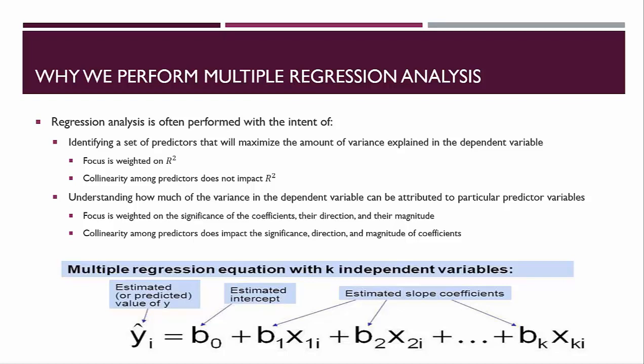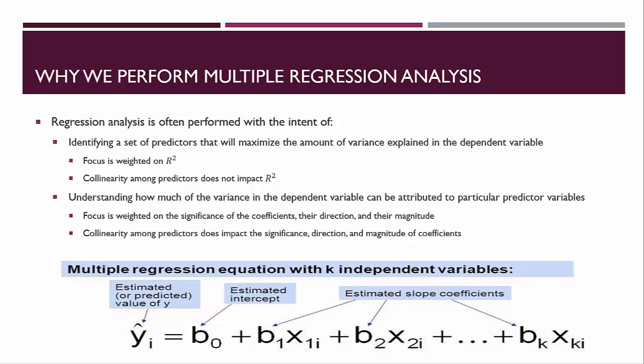So for analysts and researchers, this is really insightful and important to understanding what variables are significantly associated with our dependent variable, and also what variables have the greatest impact on our dependent variable. Right? So we might have multiple variables that are significantly associated with our dependent variable, but maybe some of those impact our dependent variable more than others and may also be easier to manipulate and therefore might be the focus of any recommendations and suggestions we would make.